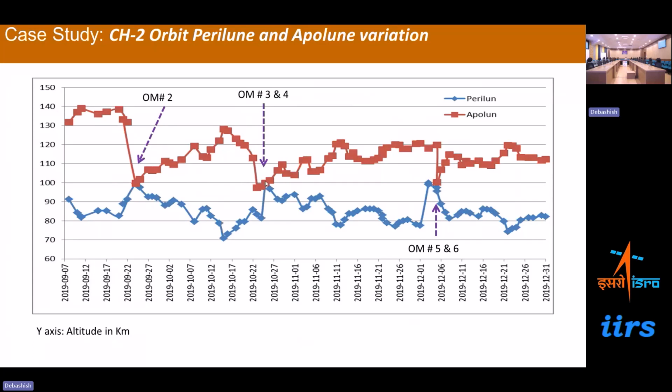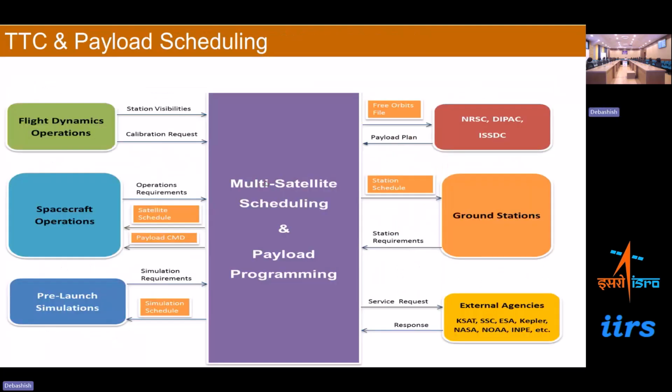This is one case study I thought I would share with you for a better understanding of the orbit part. Then comes another important area, which is called scheduling, that is, multi-satellite scheduling and payload programming. The multi-satellite scheduling is needed because we have many ground stations and many operational satellites. So the ground stations and the satellites have to be mapped to each other: which spacecraft should track with which ground station, based on the operational requirements.